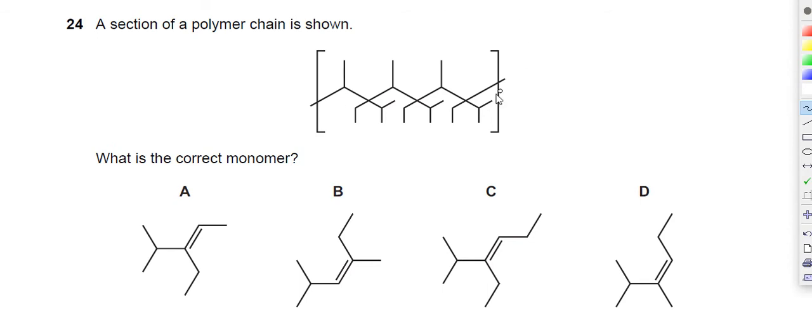From this skeletal formula, I can see that this part, until here, is repeated. Repeated one time, repeated another time. So this will be the repeat unit. I'm going to cover the other parts. They only show the repeat unit.